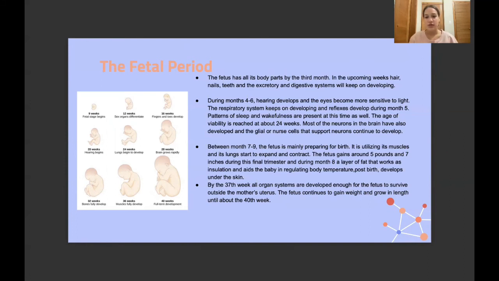The fetus gains around 5 pounds and 7 inches during the final trimester, and during month 8, a layer of fat that works as insulation and aids the baby in regulating body temperature post-birth develops under the skin. By the 37th week, all organ systems are developed enough for the fetus to survive outside the mother's uterus. The fetus continues to gain weight and grow in length until about the 40th week.